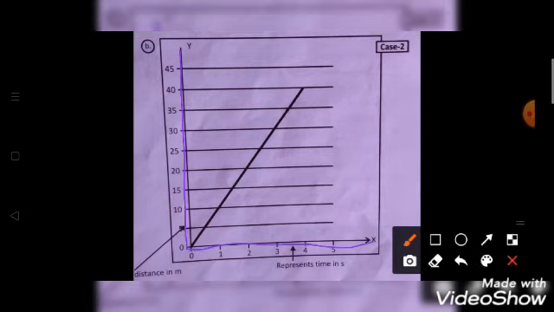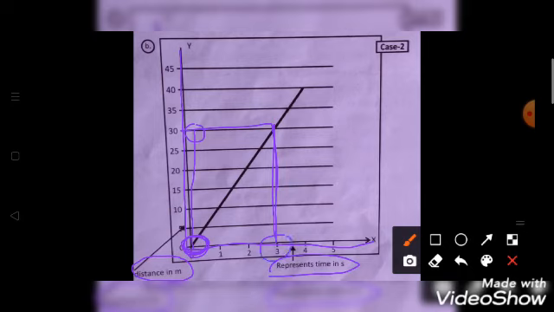The x-axis represents time in seconds and the y-axis represents distance in meters. For example, here is a car, and the car started moving from zero, and it covered up to 30 meters in 3 seconds.